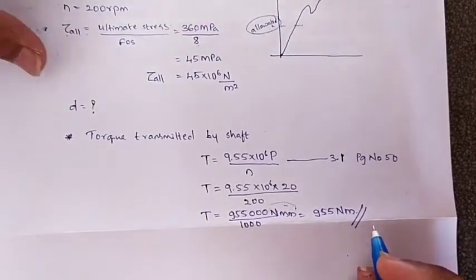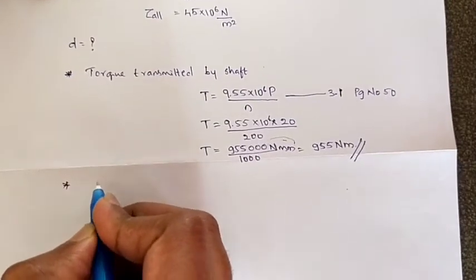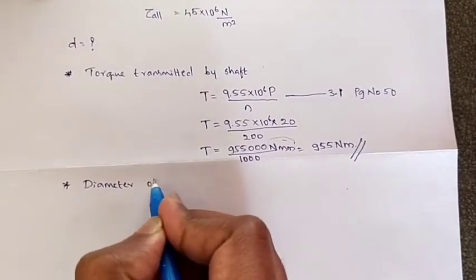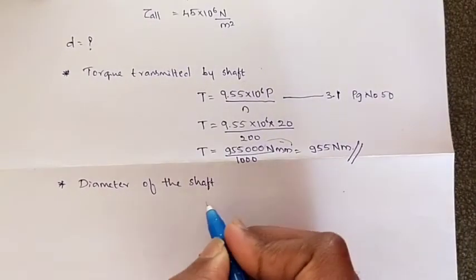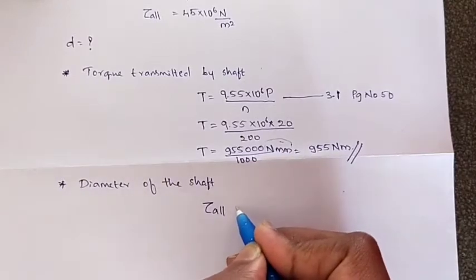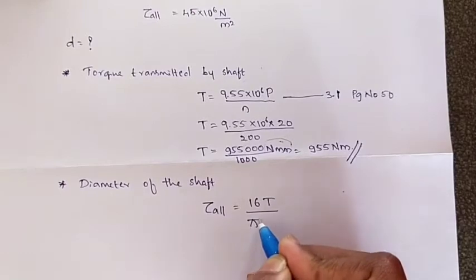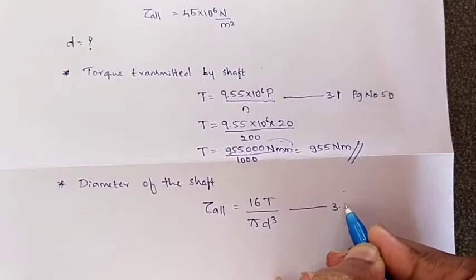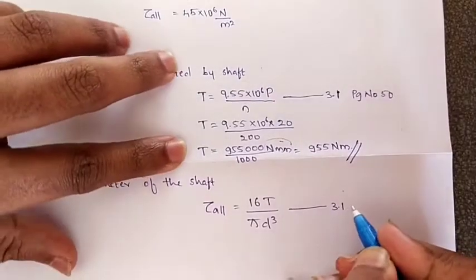Next, you need to find the diameter of the shaft. For finding the diameter of the shaft, you have the formula: allowable shear stress is equal to 16T divided by pi d cube.